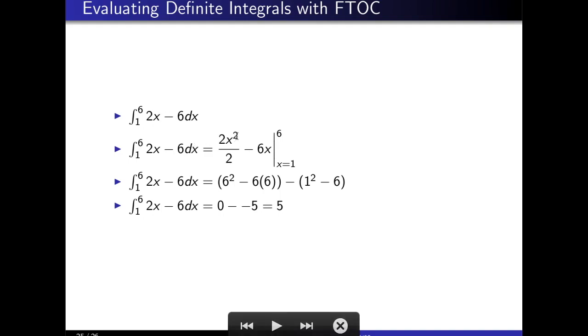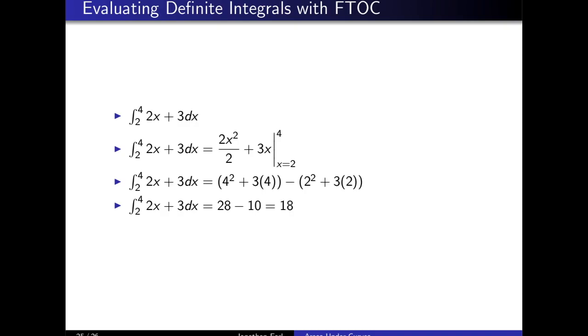We add 1 to the exponent and then divide by the new exponent. So our exponent was initially 1, then we add 1 to it and get 2, divide by 2. And then the exponent here is 0, so we have 6x to the 0, we add 1, divide by 1, and then evaluate this expression at x equals 6, subtract it off at x equals 1. And when we do that, we get 0 minus negative 5, which is just 5.